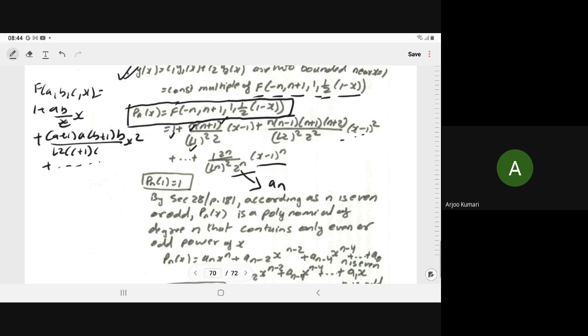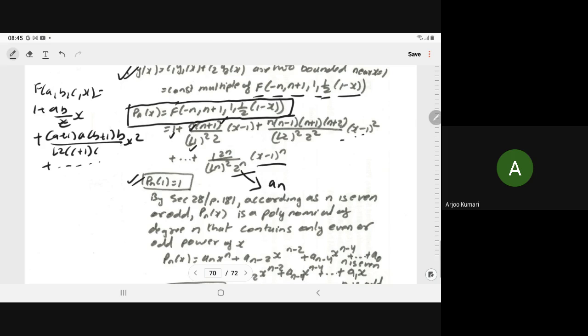Now, in the above equation, if you put x equal to 1, what will you get? In each term we have the factor 1 - x. So when we put x equal to 1, we have only the first term, and the first term is 1. So you will get Pn(1) equal to 1.